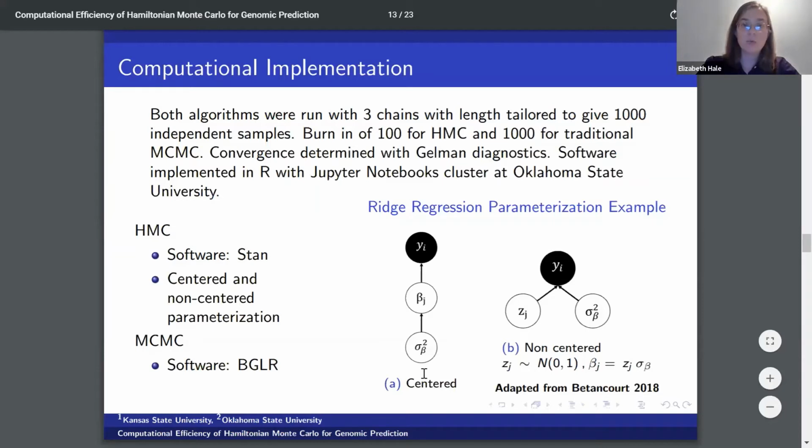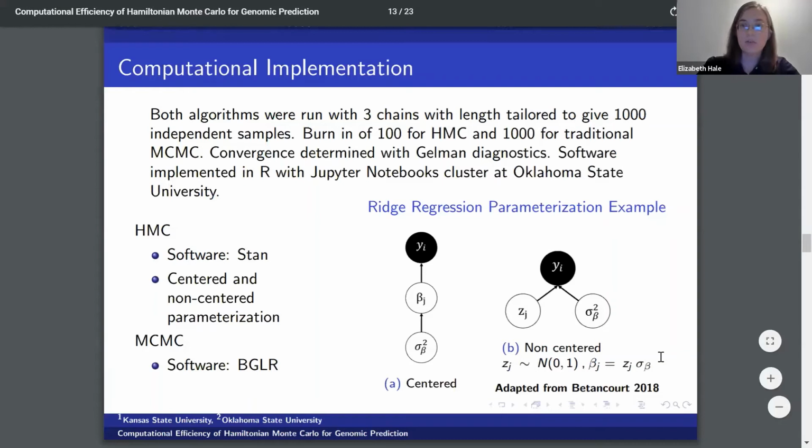For example, with ridge regression, we sample our variance first, and then we sample the corresponding marker effects. But in the non-centered parameterization, there's a more indirect dependency. The variance is sampled, and then we have the scaling term Z_j that is sampled as well, and then our marker effects are determined based off of those.